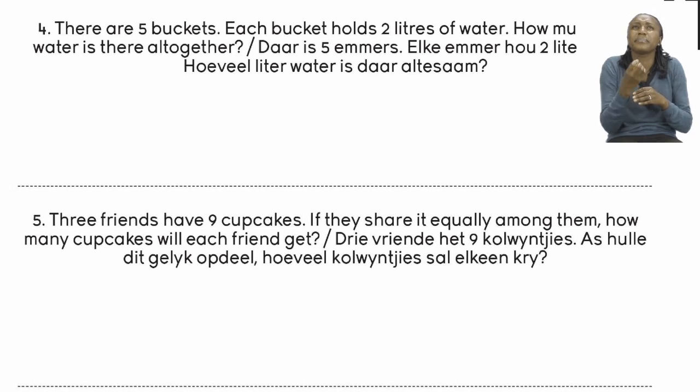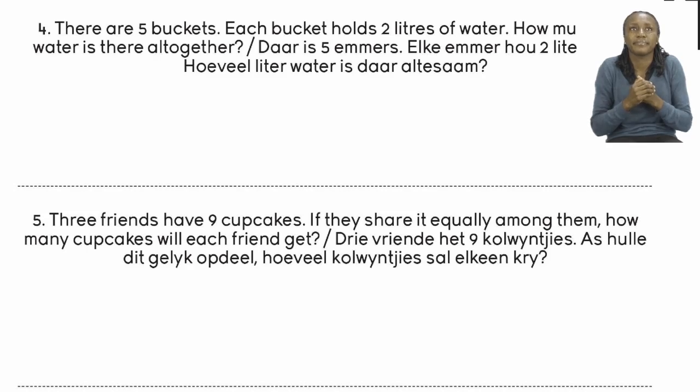If they share them equally among them, how many cupcakes will each friend get? Now the important information we have been given is the 9 cupcakes and the 3 friends. So let's see how many each one will get.